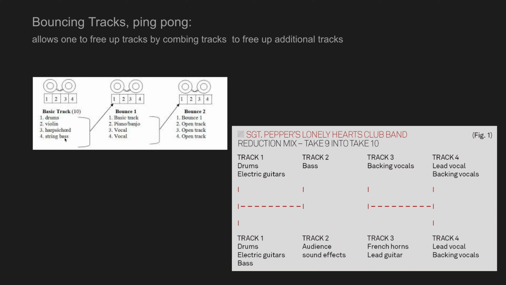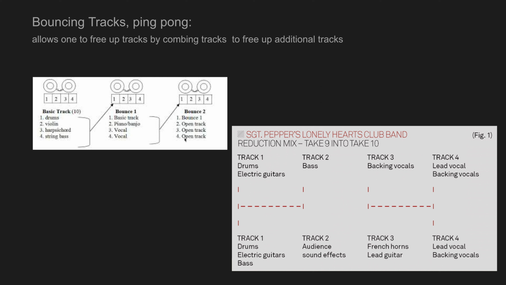You would then bounce that to bounce one, so you're playing back bounce one, and you're going to add three more tracks: basic track, piano, vocal. Then you can bounce that to bounce two, and everything is now on just one track. Then you have three more to play with.